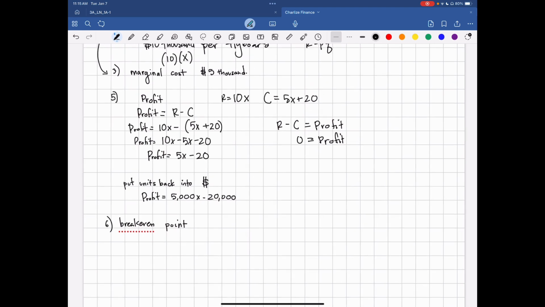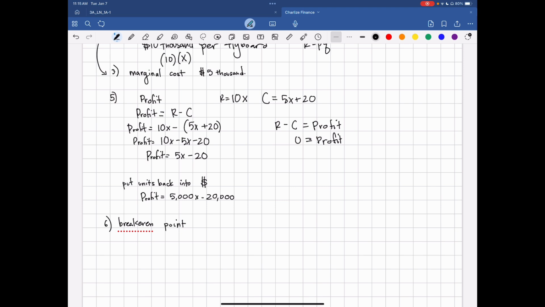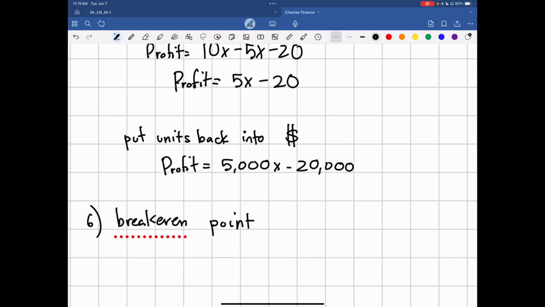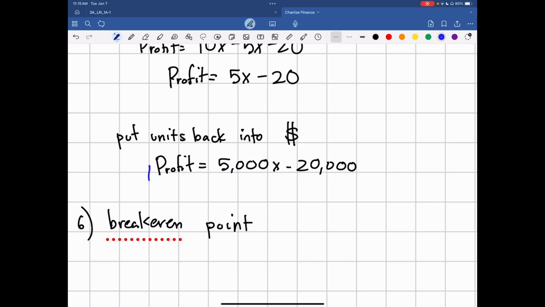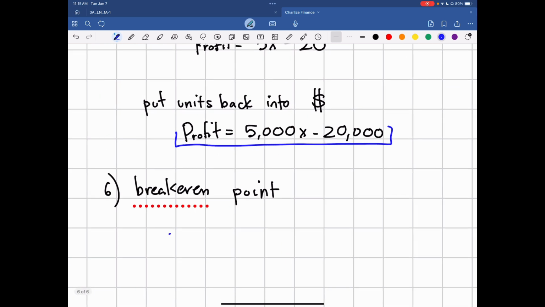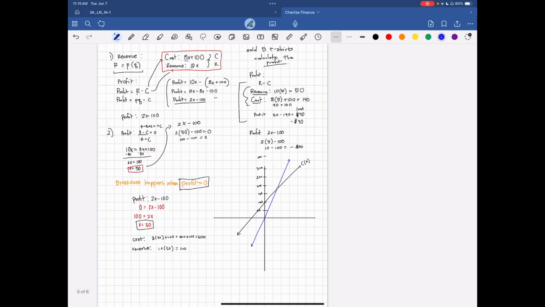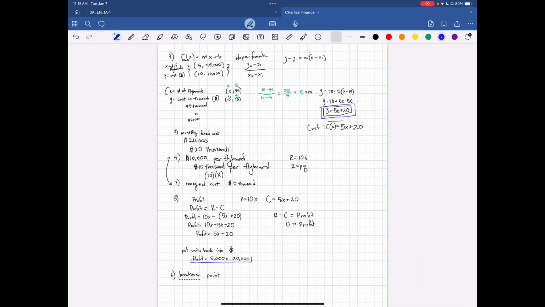But the good thing is that there's a shorter way to do it after we have the general equation of profit. Because we have this equation, which counts in the revenue and the cost both into one equation, you can just set this one equal to 0. But if you noticed from the last problem, you could do it two different ways and you would get the same answer.